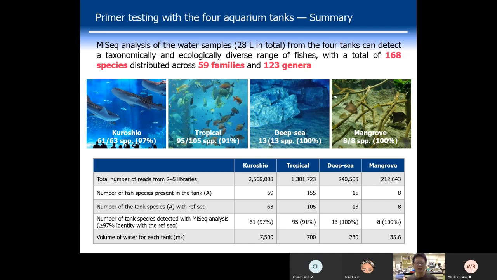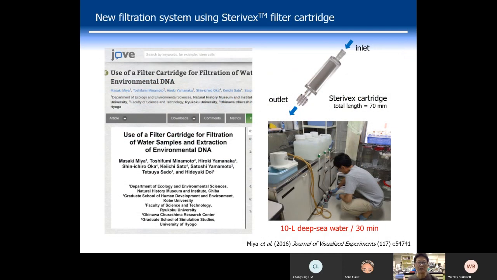Based on this proof of concept, we can analyze eDNA from deep water. The problem is that deep sea fish are very sparse compared with coastal fishes.